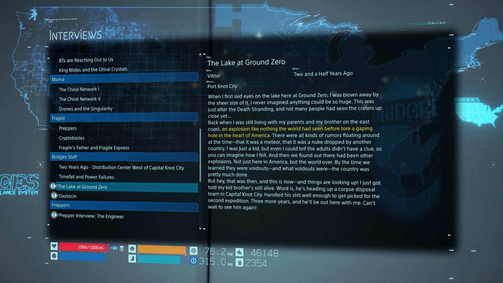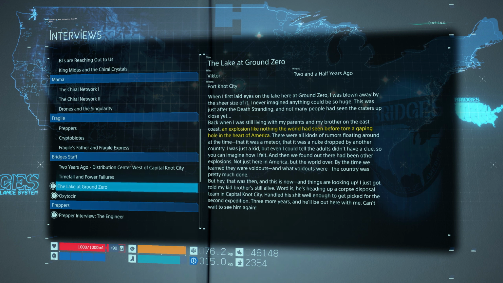Port Knot City, from Victor, 2.5 years ago. When I first laid eyes on the lake here at Ground Zero, I was blown away by the sheer size of it. I never imagined anything could be so huge. This was just after the Death Stranding, and not many people had seen the craters up close yet. Back when I was still living with my parents and my brother on the East Coast, an explosion like nothing the world had ever seen before tore a gaping hole in the heart of America.